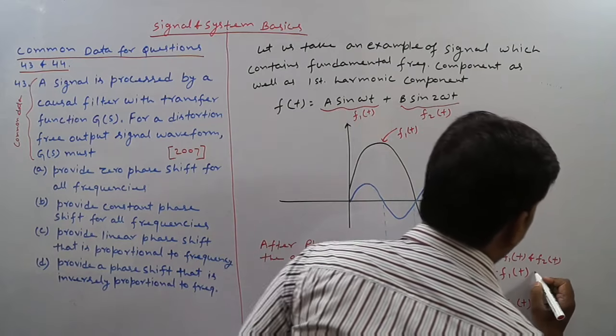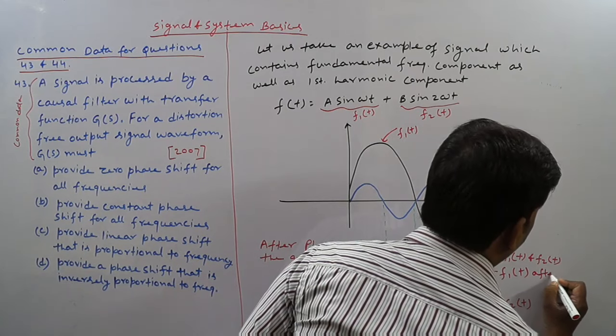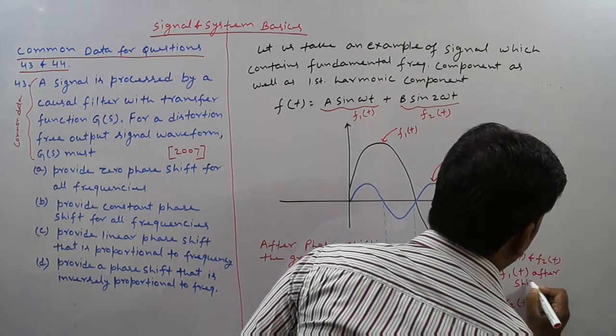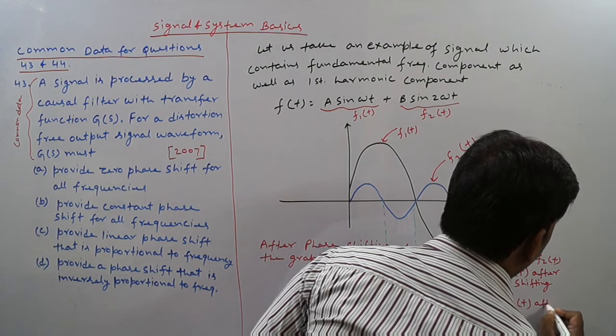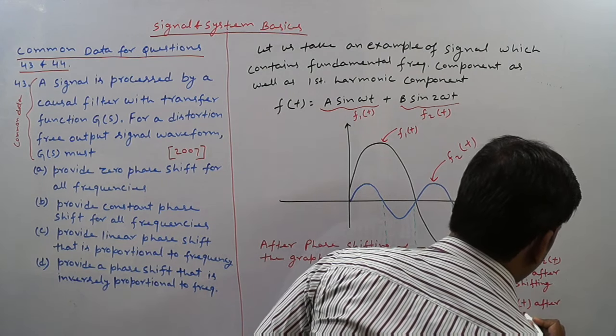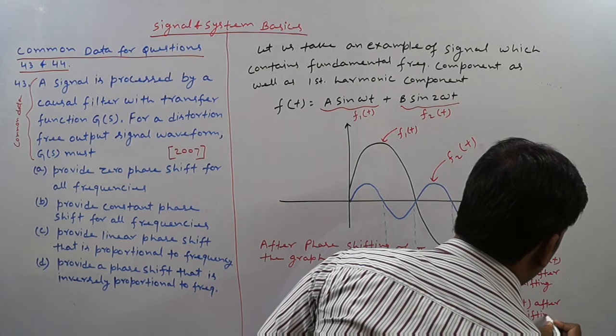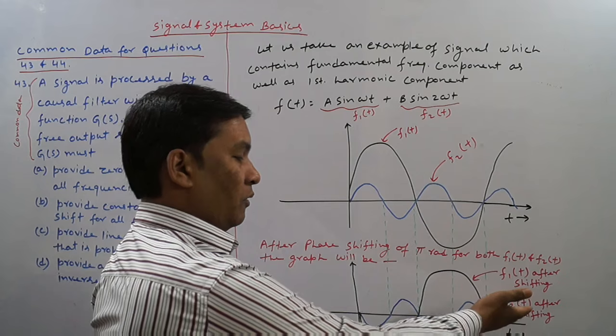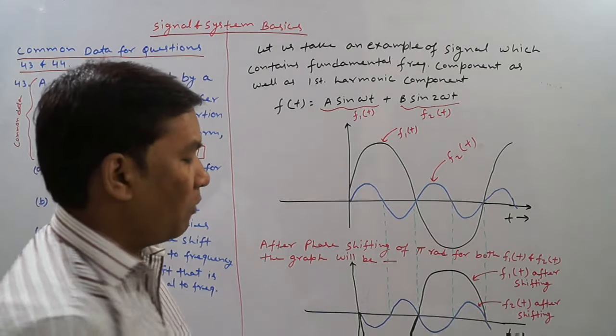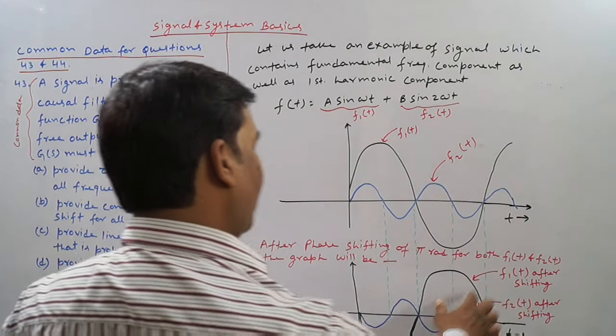Let me write here after shifting also, and this is F2t after shifting. Because this is not F2t, a term must come which is responsible for shifting. So this is F1t and this is F2t.